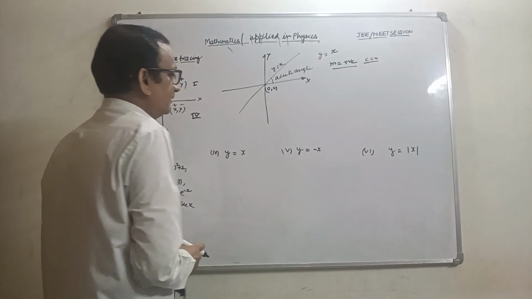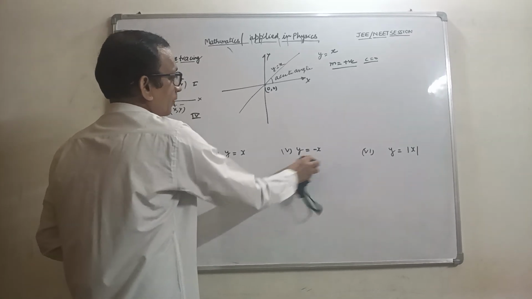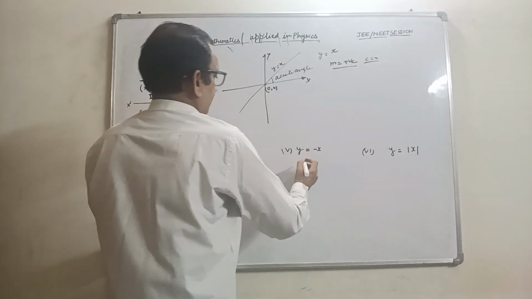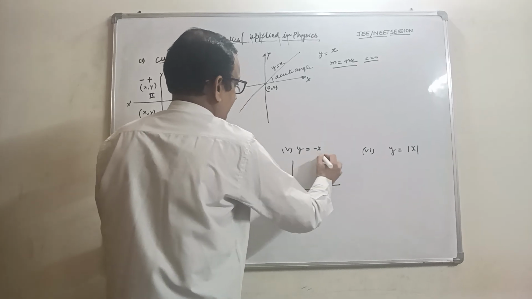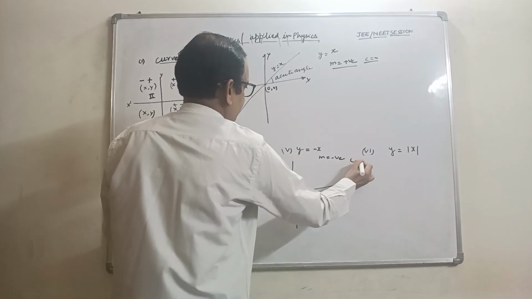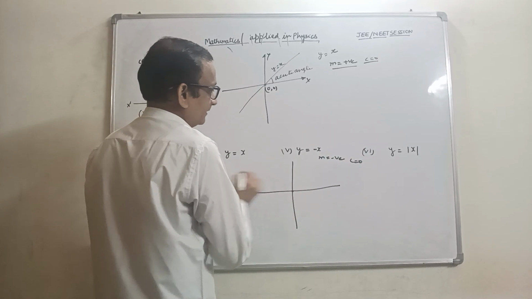And for y is equal to minus x, the slope is negative, m is negative, and the intercept is 0. So this line passes through the origin.